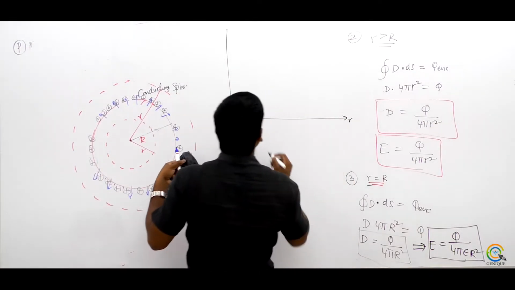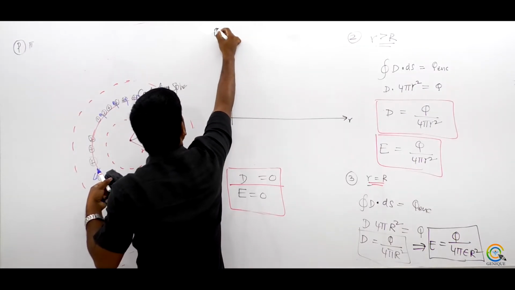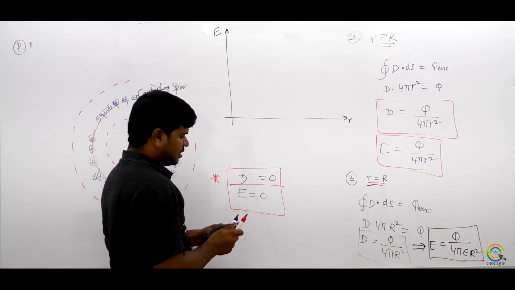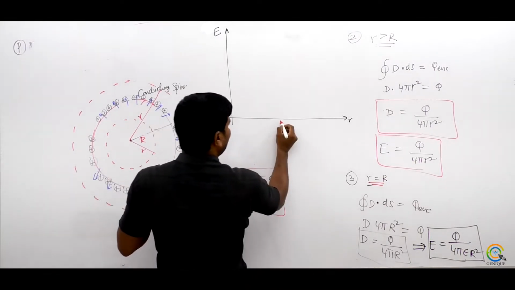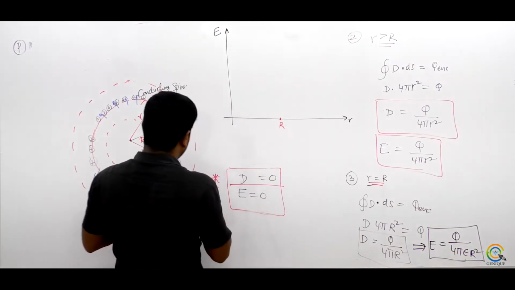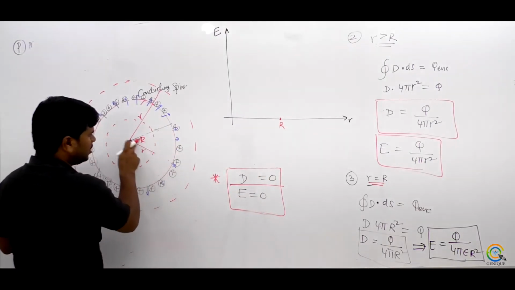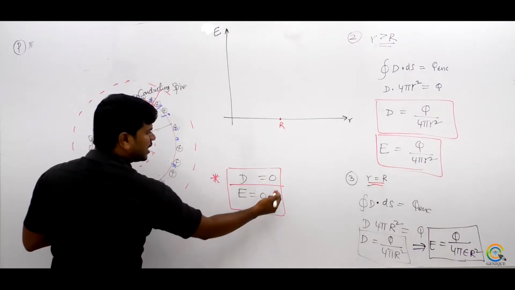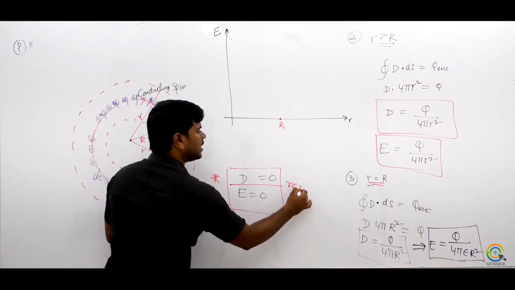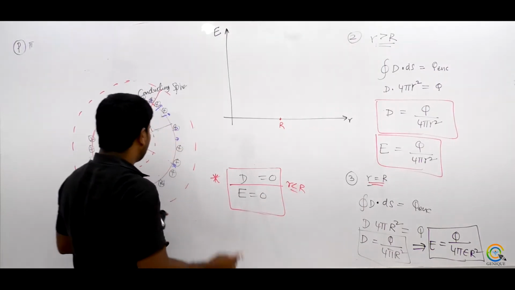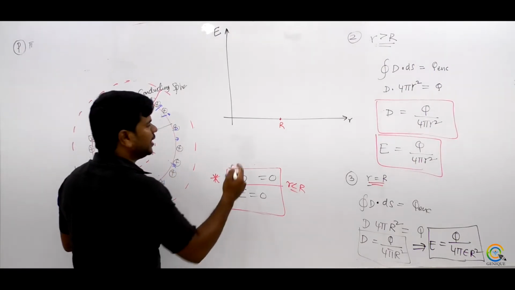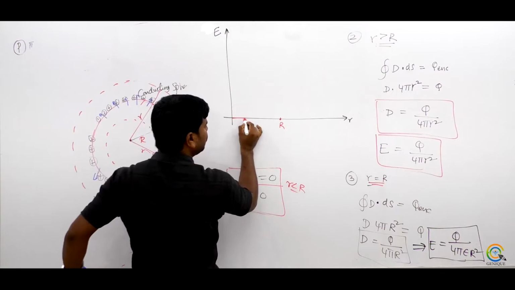Let us suppose this is r and this is E. So what happens from 0 up to R? Inside the sphere, r less than R, this is for small r less than R. So inside the sphere, the electric field is 0.